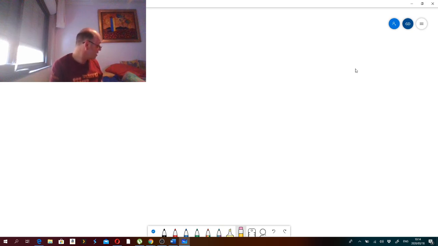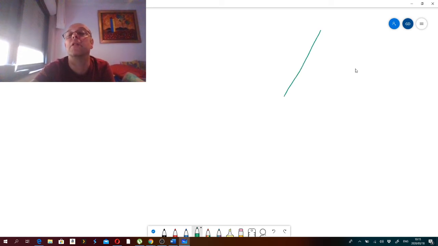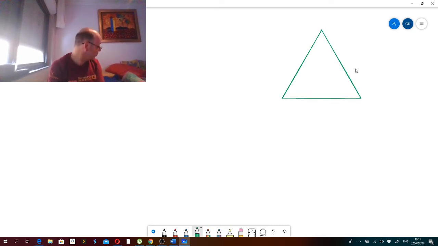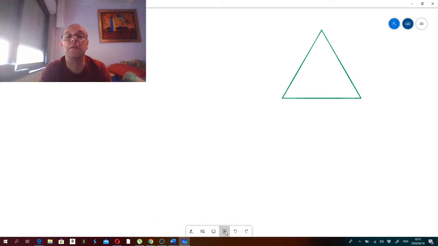Okay, question number 9 says a triangle has its vertices at the point A(1, 3). Well, let's draw a triangle to start with. Here we go. It's a fairly decent one. And so we've got a point A(1, 3). Let's put those in. So A is the point (1, 3), and we'll put him over there.